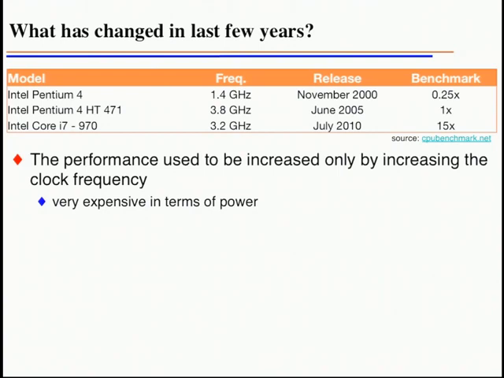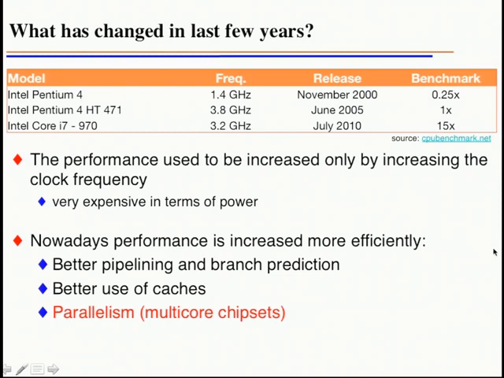So that's the reason why in these 5 years the frequency grew a lot, whereas today's, well, okay, not quite today, but almost today's chip has a lower clock frequency than this guy, but it's still a lot faster. So how can we do this?